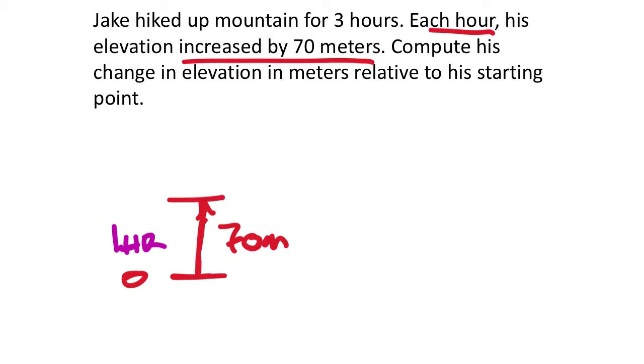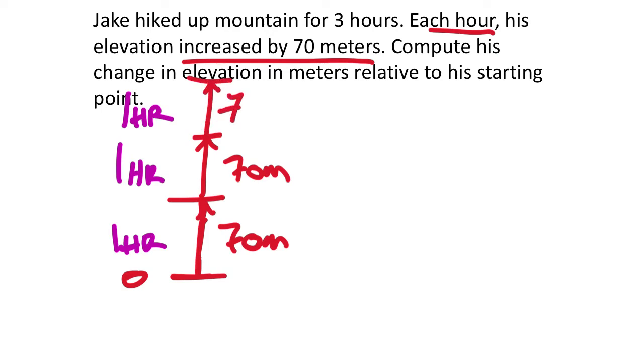But then after 1 other hour, he would increase it still another 70 meters. And that would be the second hour, and then of course the third hour, 1 more hour, another 70 meters. So how many total meters did he change his elevation by? Well, it's just the total of all those 70 meters. We just need to add those together.